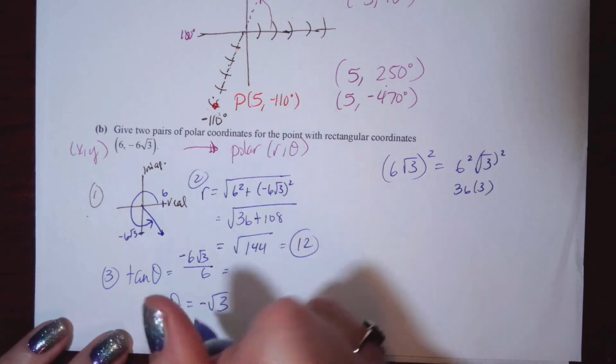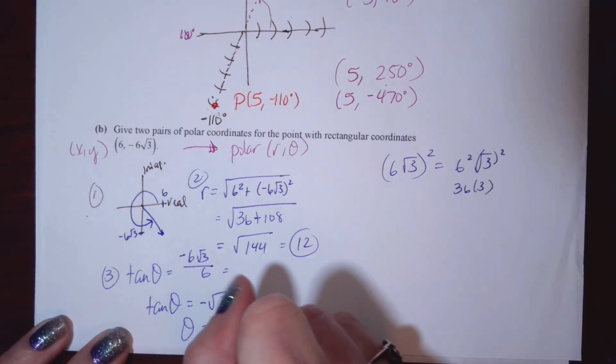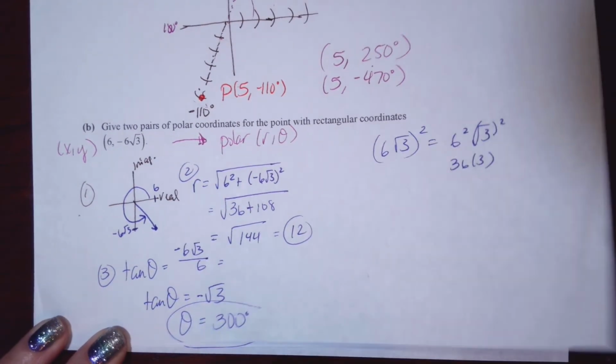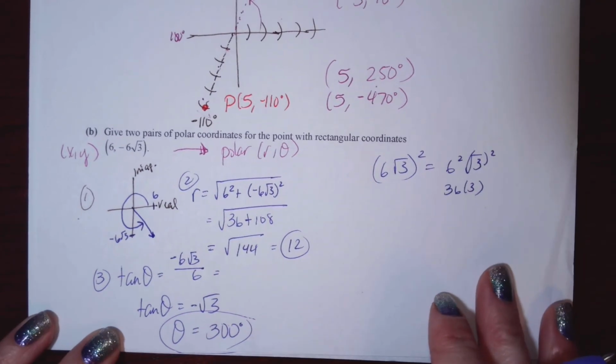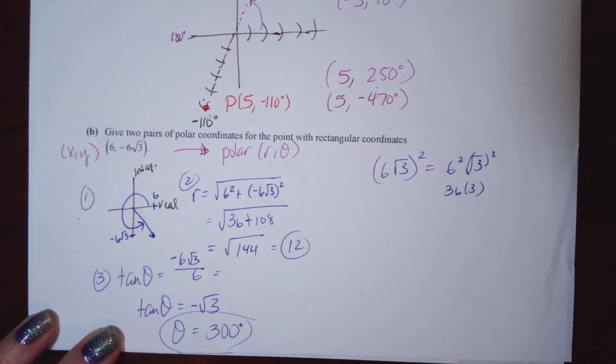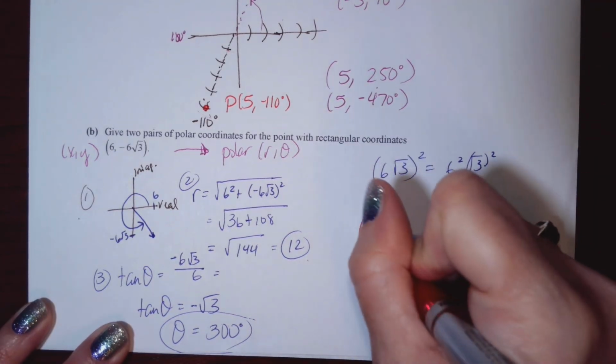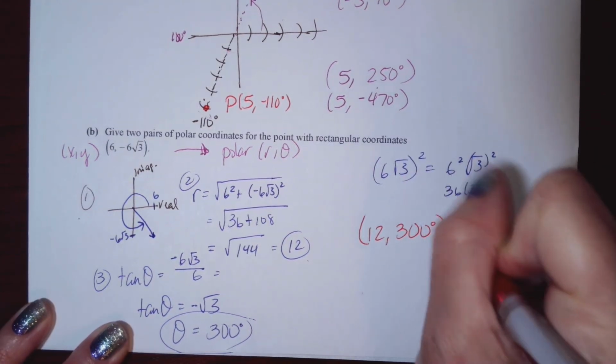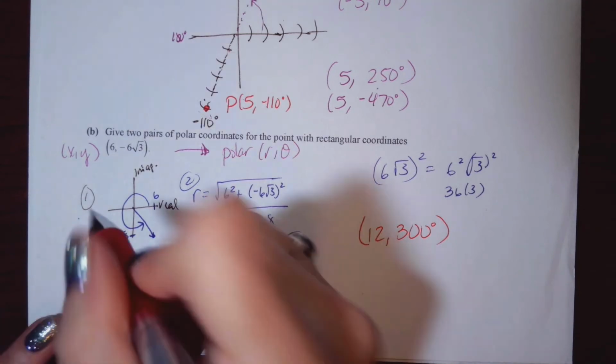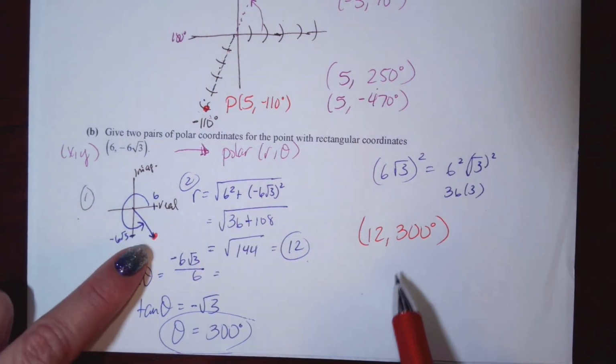Just keep it in degrees. Theta there is going to be 300 degrees. Well, we now know r and we know theta, so my polar coordinates: I've got 12, 300 degrees. That's 1. Right there, 12, 300 degrees.